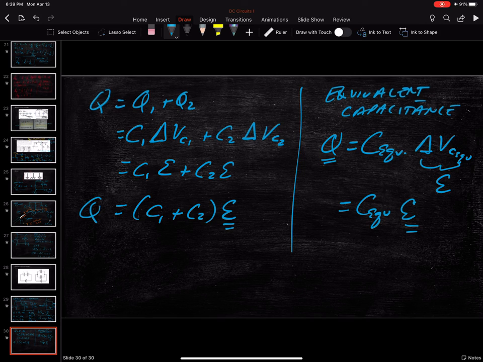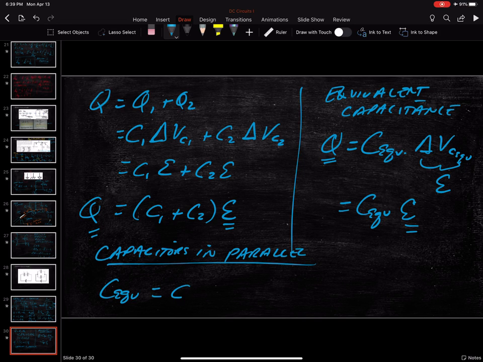It's the same charge in both cases. So this tells me for capacitors in parallel, C equivalent is equal to C1 plus C2 plus however many you got.